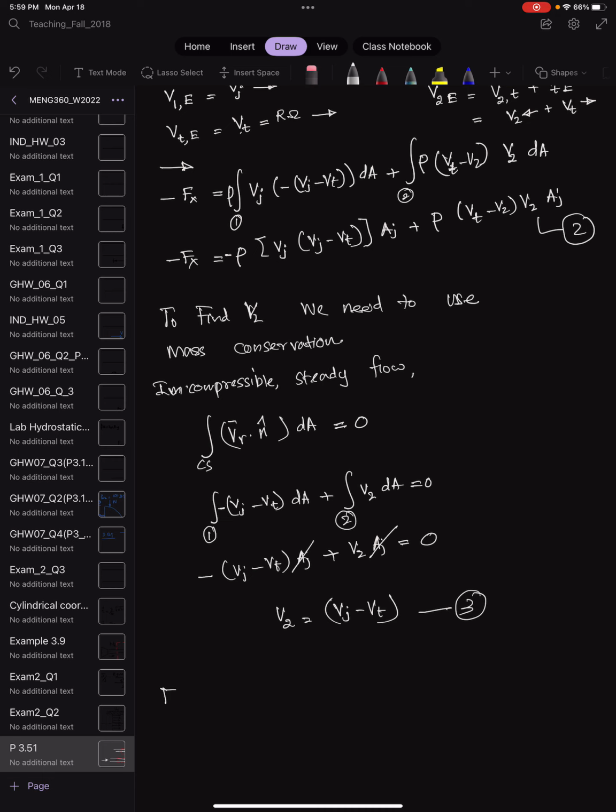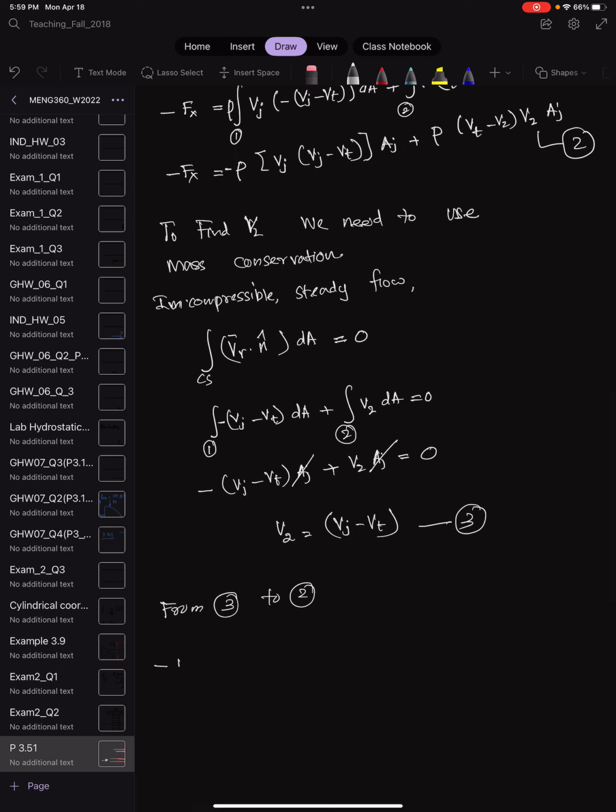From 3 to 2, we can write negative fx equal to negative rho Vj times Vj minus Vt Aj plus rho Vt minus V2, and instead of V2 I put Vj minus Vt, and then also we have Aj, right?